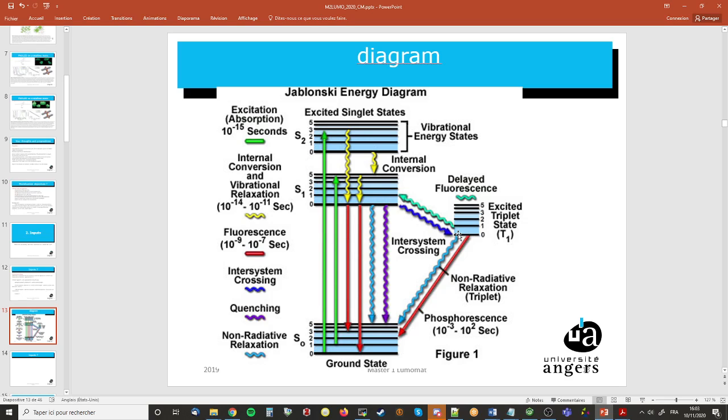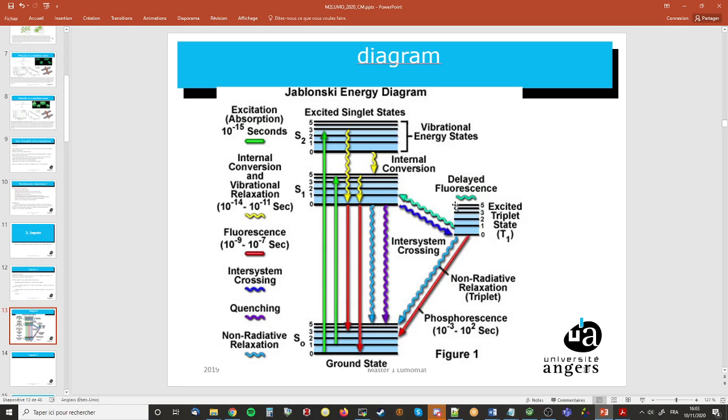You can picture and propose a way of non-radiative relaxation. If the two systems here, for example S1 and T1, are really apart in energy, the intersystem crossing will not be favored. It will be too complex to go from one to the other.